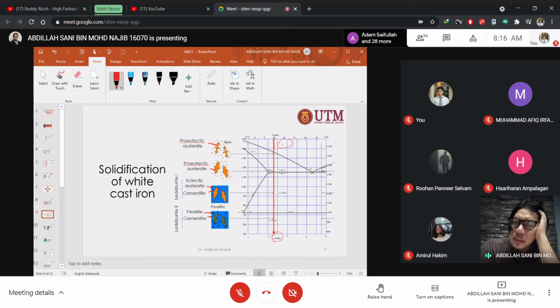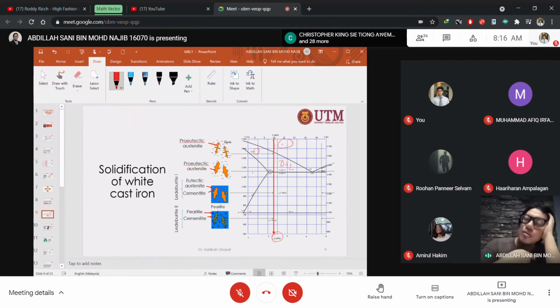As the temperature goes down and passes through this line, solidification partially starts to occur, and we have liquid plus austenite.